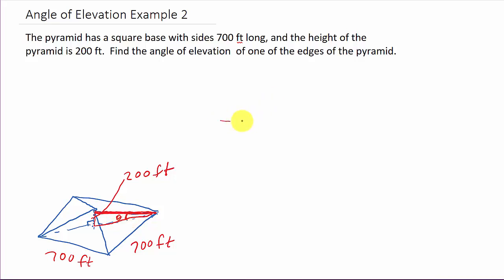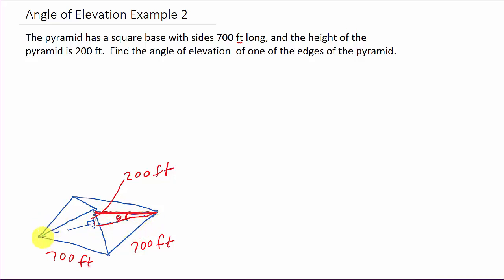Okay, remember, angle of elevation, if you have a horizontal, the angle of elevation is measured off the horizontal, so this would be your angle of elevation here, theta. Okay, and that's what we're looking for. Well, for this triangle here, we don't know the length of this side. We know the height of the triangle, but we don't know the length of this side either.